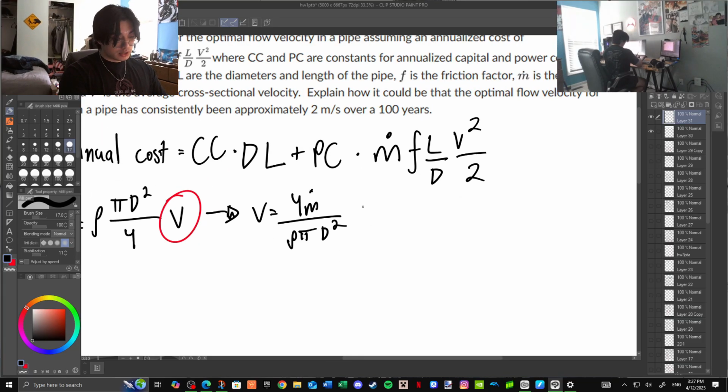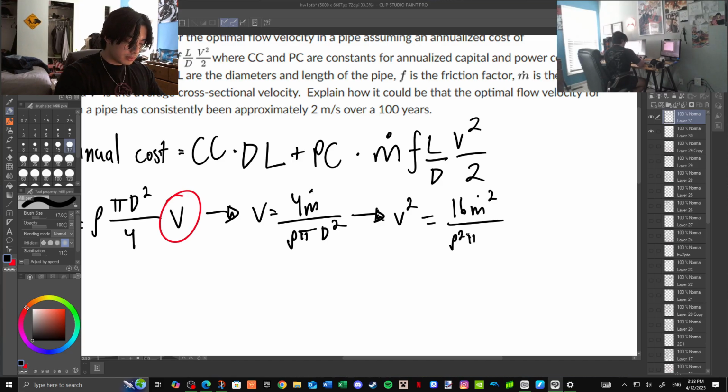And to make our lives easier, we can actually change this expression to be equal to v squared. And so we'll just need to square both sides of this expression. So we get v squared over 16 mass flow rate squared, rho squared, pi squared, d to the 4th.